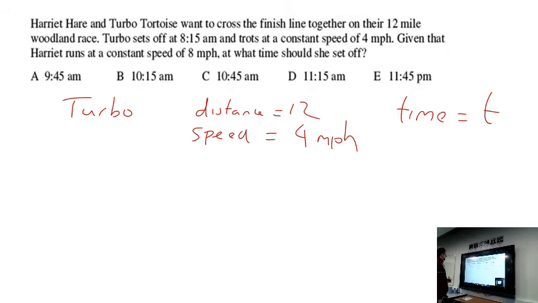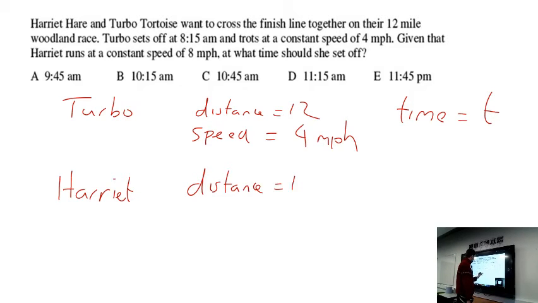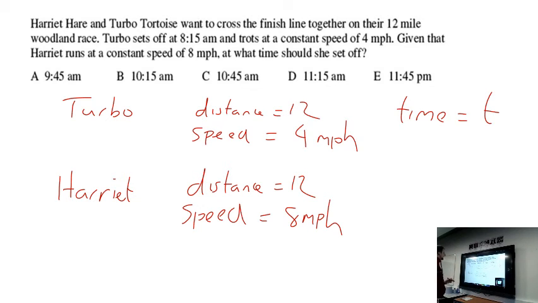And let's have a look at Harriet. Here, again, the distance is going to be 12. Okay, and the speed is going to be a bit faster. It's going to be 8 miles per hour.